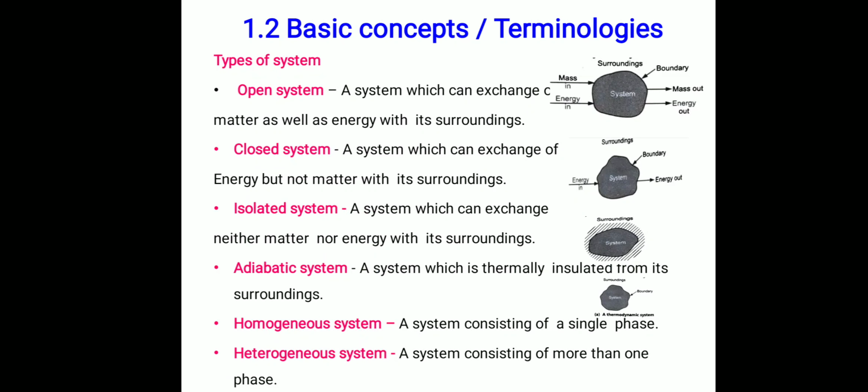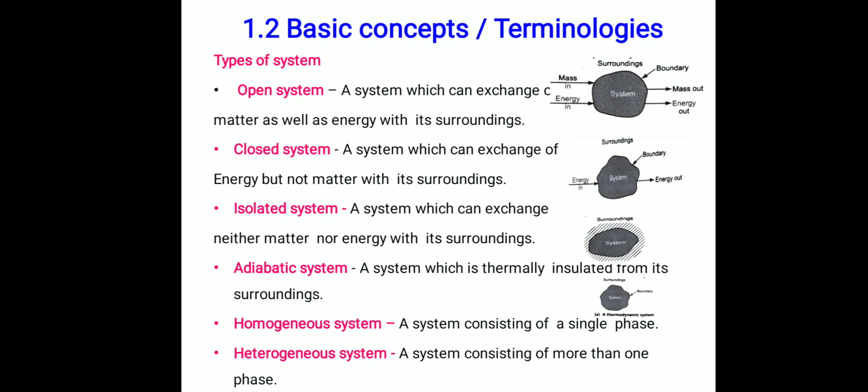In the next terminology point, there are types of systems. We studied the system. Now there are types: open system, closed system, isolated system, adiabatic system, homogeneous system and heterogeneous system. So what exactly is an open system? A system which can exchange matter as well as energy with its surrounding. This picture shows mass in and mass out and energy in and energy out.